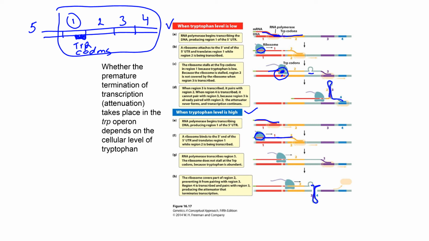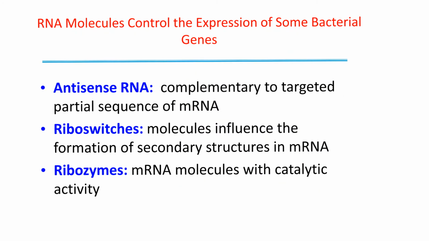So besides the operons and attenuation, expression of bacterial genes can be controlled at additional levels through antisense RNAs, riboswitches, or ribozymes. Certain genes in bacteria are controlled by antisense RNA.